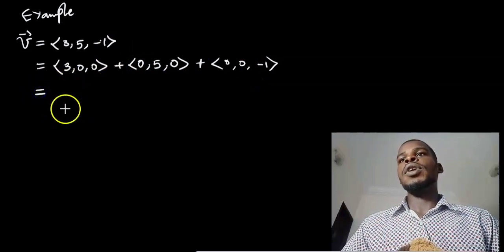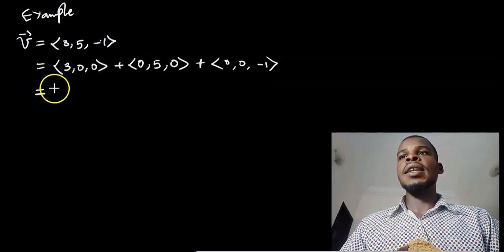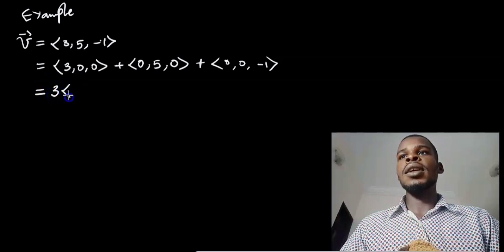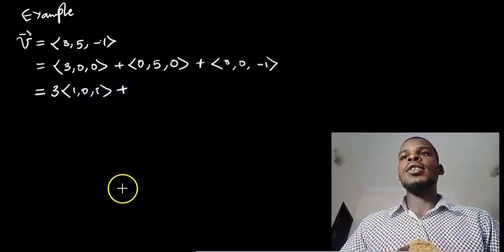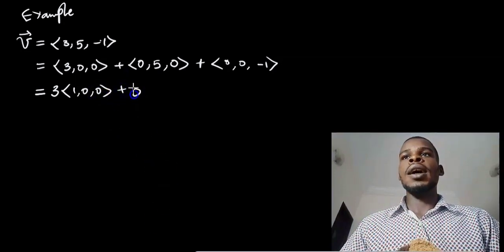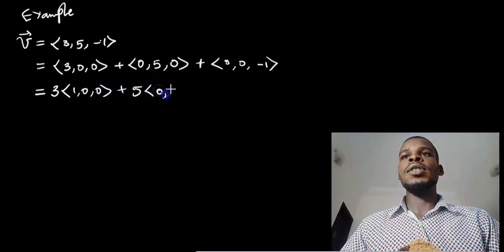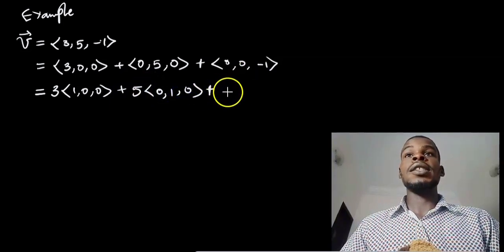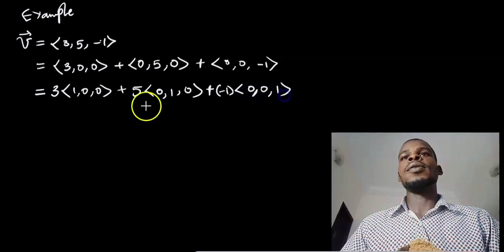Okay, great. Now we recall multiplication of a vector by a scalar, that I could easily factor out the 3, and I'll be left with 1, 0, 0. And then we add this with, we can factor out the 5, I'll be left with 0, 1, 0. And then lastly, I can factor out the negative 1, and I will have 0, 0, 1, of course. Good.